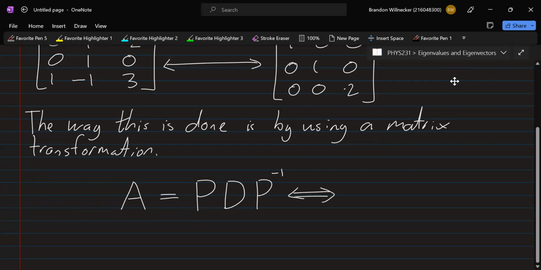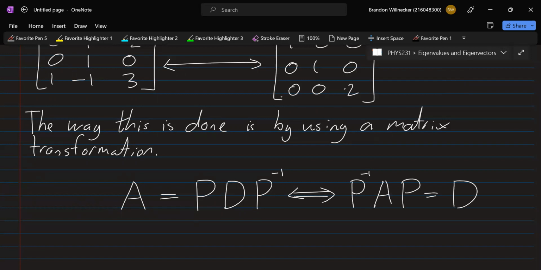If we take the P's over to the other side, we can write it as P inverse A P is equal to D. Okay, so maybe on the right-hand side, you can see the transformation a bit easier. You've got A, you transform it via P inverse and P, and you end up diagonalizing it. So in both cases, D is a diagonal matrix. Okay, so we're going to see how we do this transformation process. Yeah, and we're going to do it via an example.